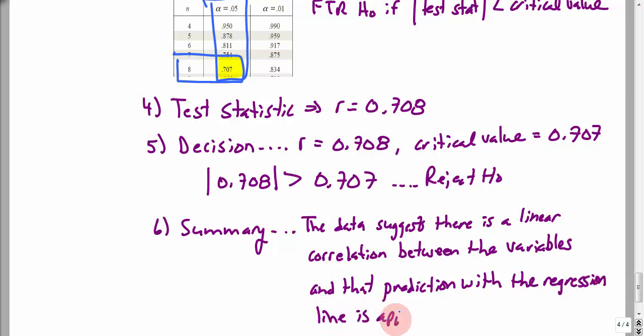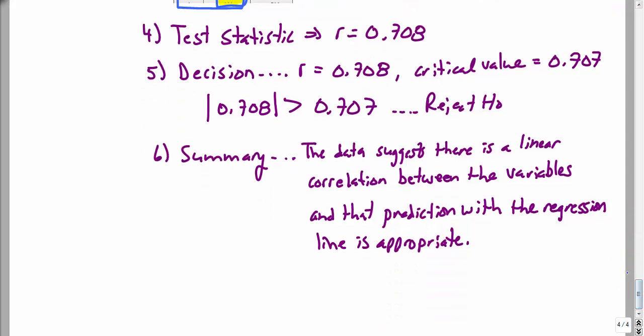Now, again, if I would not have found that there was a linear correlation, I could have just gone with the y bar for prediction and been done with it. Okay, so this tells me again that linear regression is appropriate.